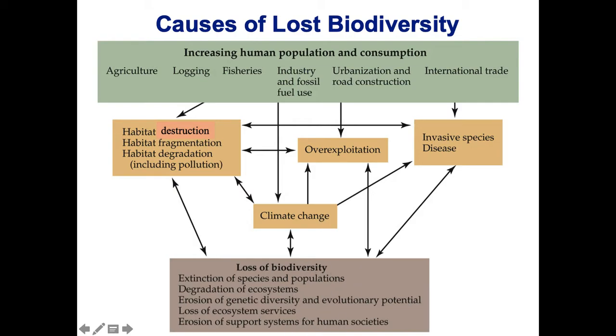As some of these things happen, sometimes we get more invasive species and disease or more habitat degradation, things like that. So they're not necessarily only one way. As we lose biodiversity, sometimes that changes climate change, habitats, and invasive species and disease. So there are feedbacks among these different factors.